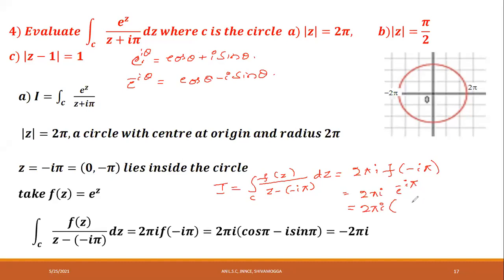Substitute here. e^(minus iπ) can be written as cos π minus i sin π. Therefore, cos π is minus 1 and sin π is 0. Minus 1 times 2πi is minus 2πi. This is minus 2πi.